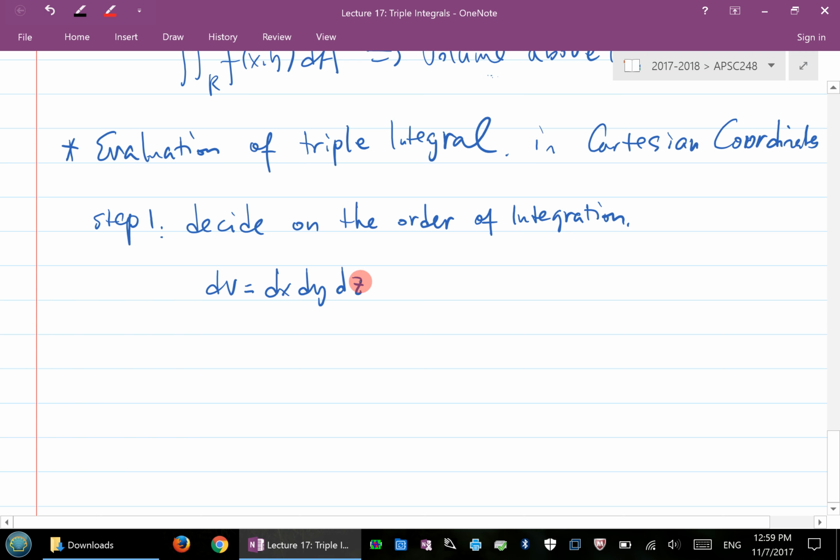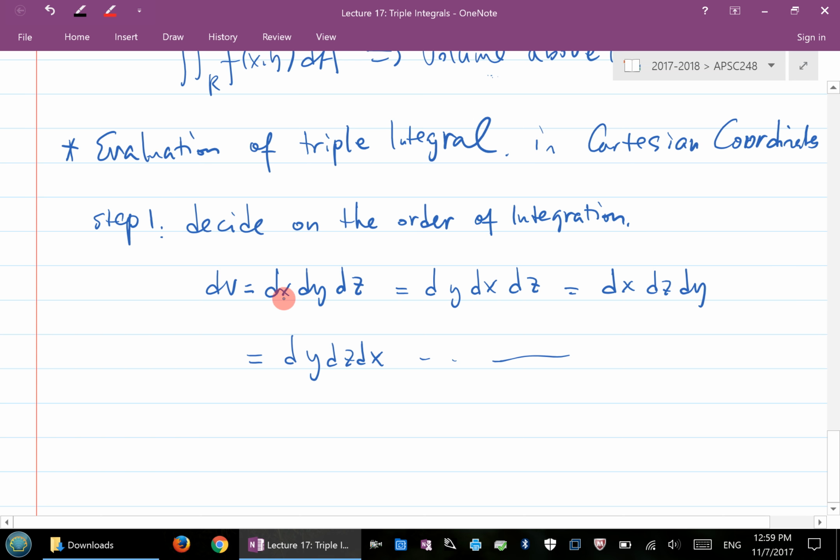So your sequence of integration can be dx, dy, dz, or dy, dx, dz, or dx, dz, dy, or dy, dz, dx. So you can keep it ready. It's a combination of 3, so there should be 6 different combinations. That's the order.